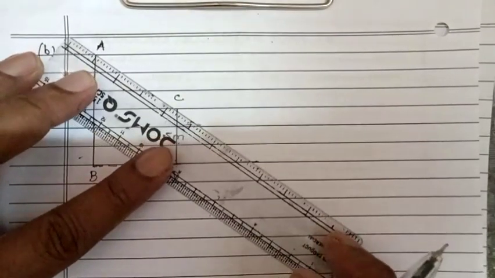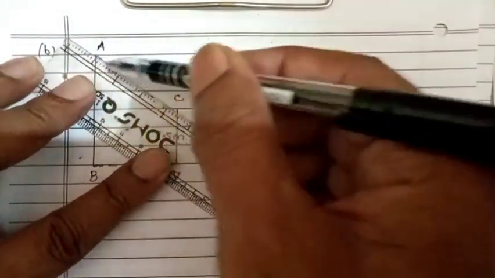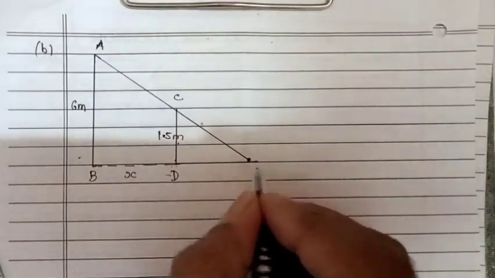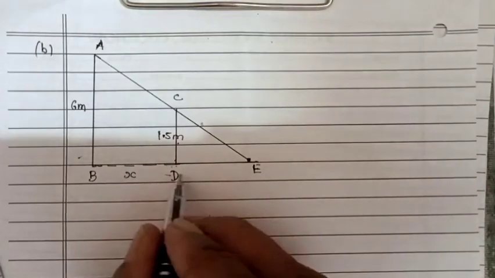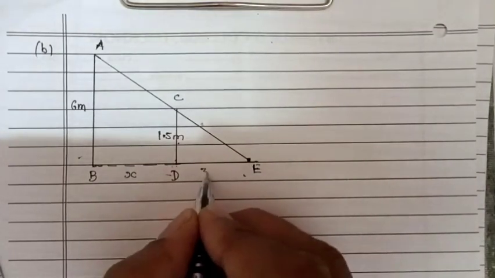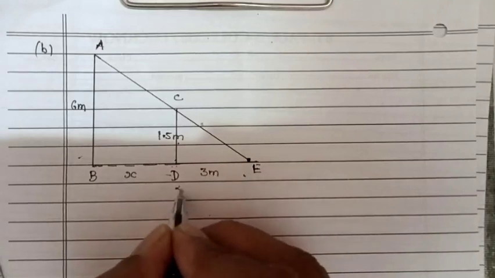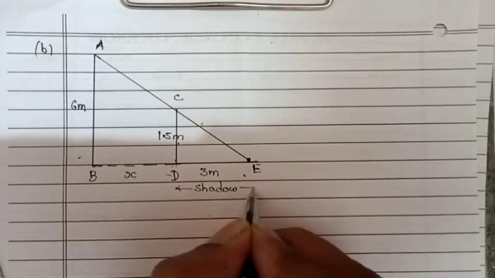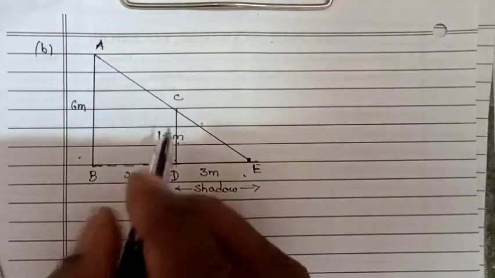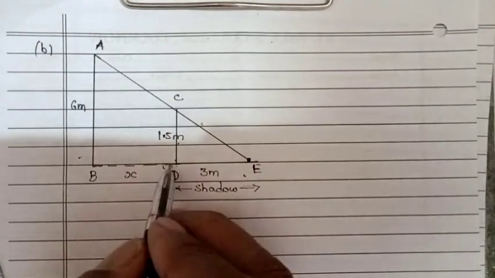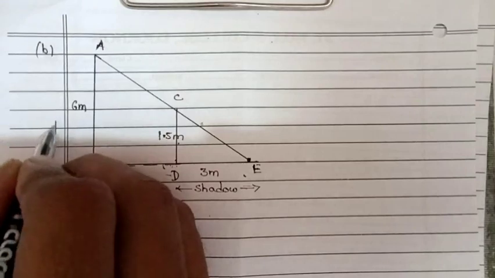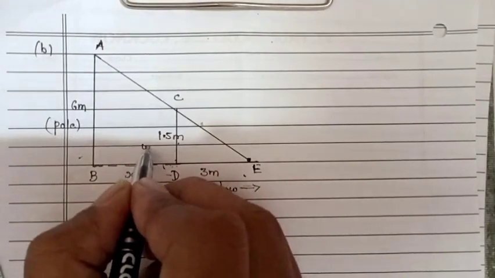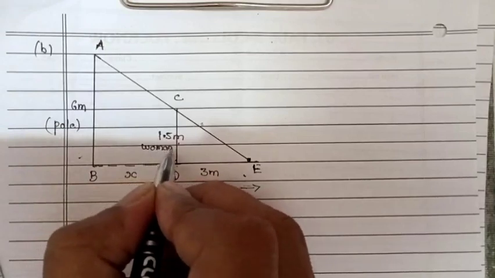Let this light ray coming from here be E. This is the shadow, which is 3 meter. This is the height of the woman given, and this is the height of pole given.